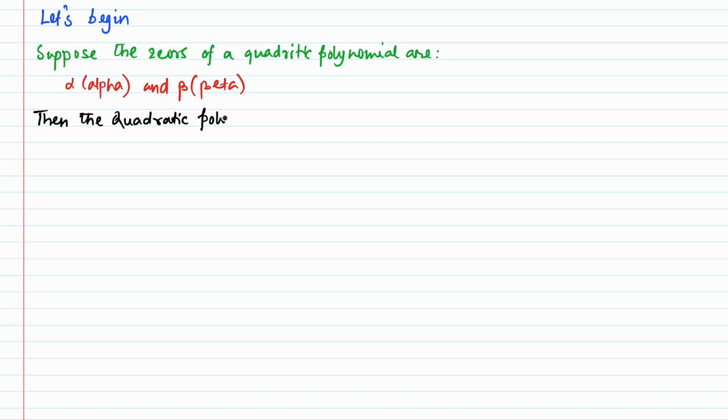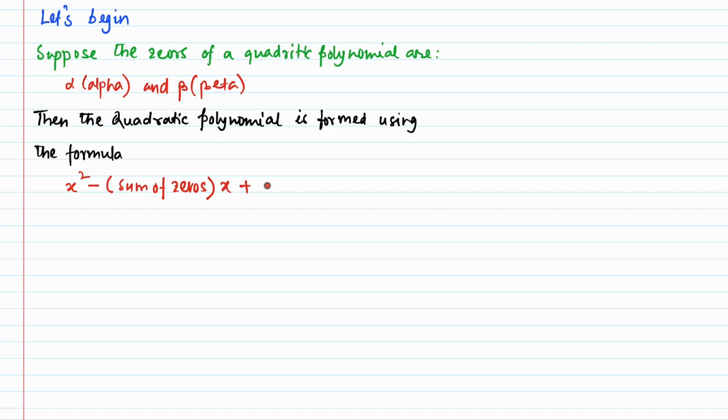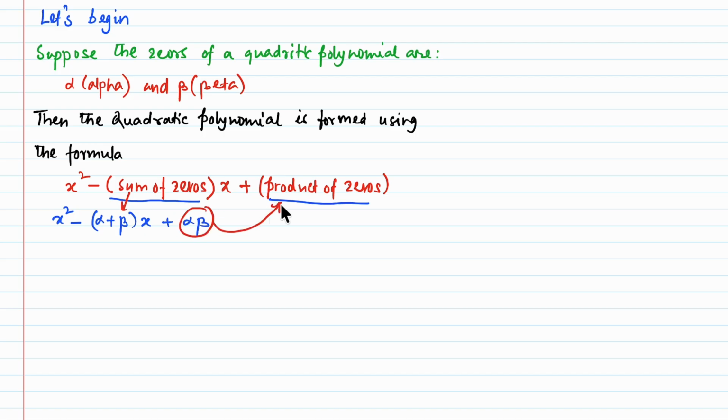Then the quadratic polynomial is formed using the formula. So let's check the formula one by one. The formula is given by x square minus the sum of zeros of the polynomial times x plus the product of the zeros of the polynomial. That means x square minus (alpha plus beta) times x plus alpha into beta. So this is the sum of zeros and that is the product of zeros.